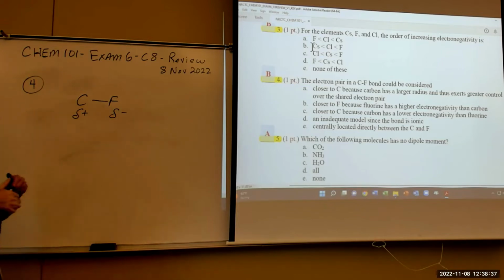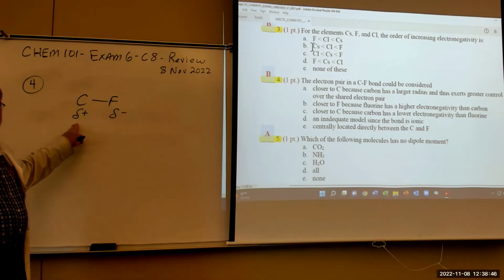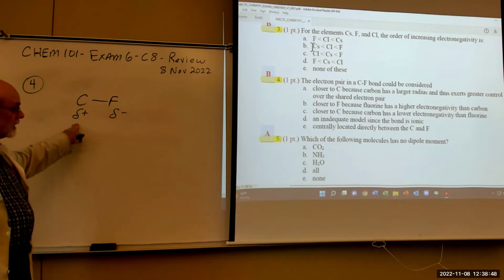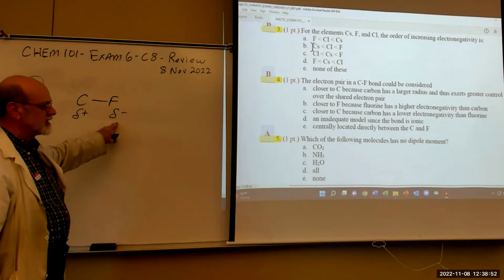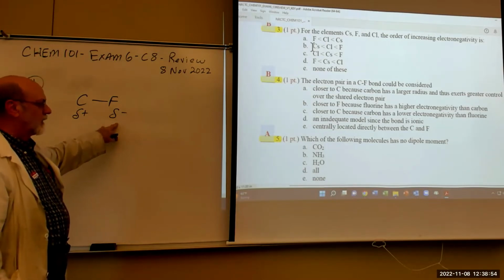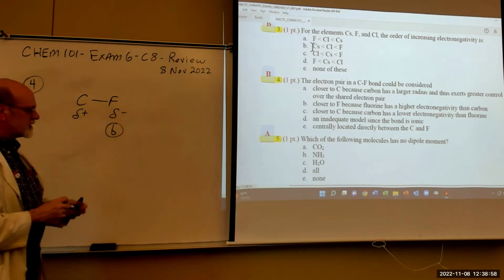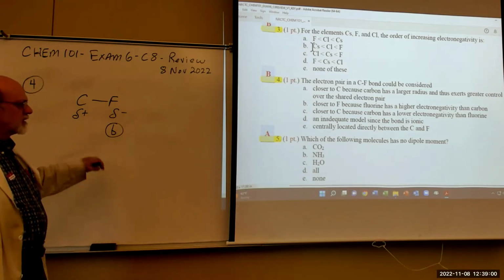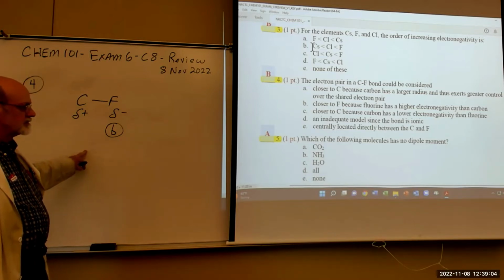Like that. Okay. Now we can probably answer the question. All right, closer to carbon. No, throw that one out. I mean, that first part of the statement disqualifies A. Closer to fluorine, okay. How about the rest of the statement? Because fluorine has a higher electronegativity than carbon. Yeah, B is true. Let's see, we got some oddballs in there. Closer to carbon, no. Inadequate model.